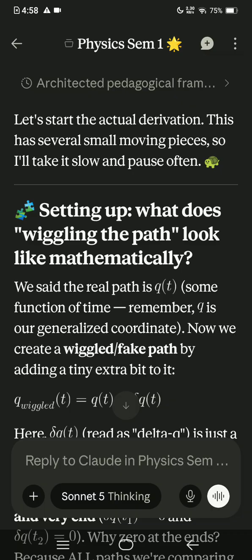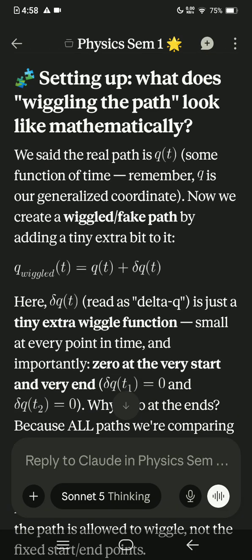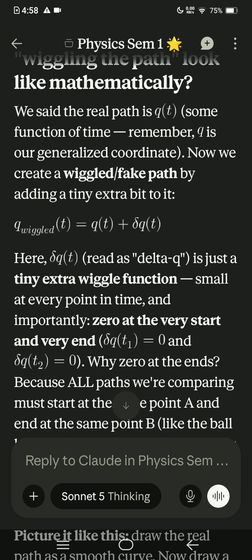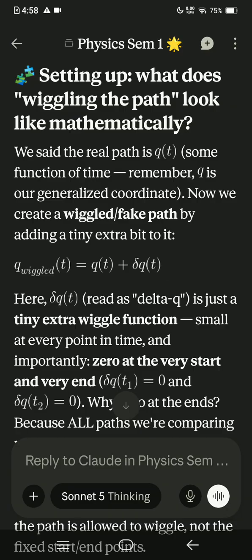Setting up, what does wiggling the path look like mathematically? We said the real path is q(t), some function of time. Remember, q is our generalized coordinate. Now we create a wiggled fake path by adding a tiny extra bit to it.